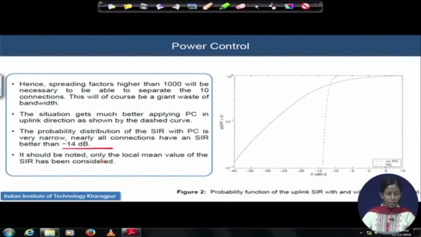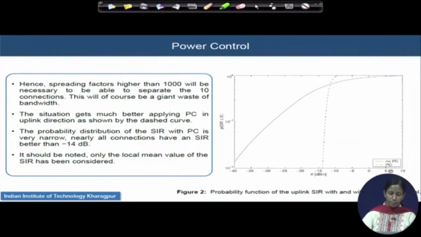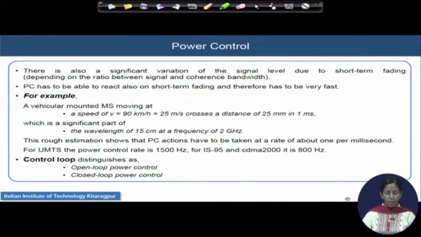Okay. And it should be noted that this whole discussion and this graph are basically on the local mean value only. Significant variation of the signal level is expected due to short time fading.